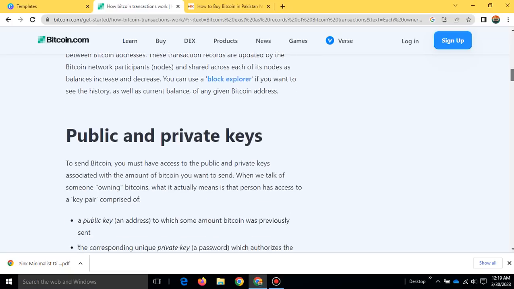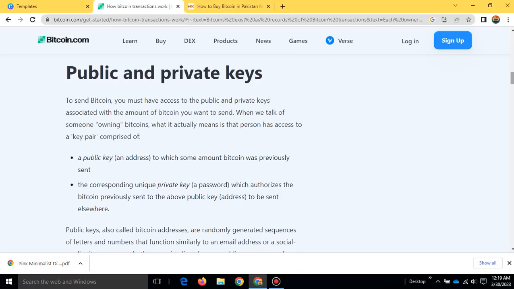Public and private keys. To send Bitcoin, you must have access to the public and private keys associated with the amount of Bitcoin you want to send. When we talk of someone owning Bitcoins, what it actually means is that person has access to a key pair comprised of a public key and address to which some amount of Bitcoin was previously sent.